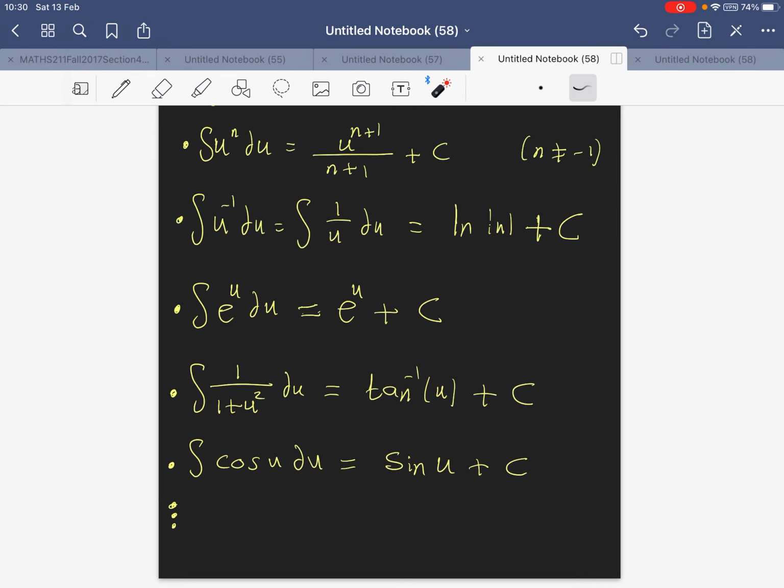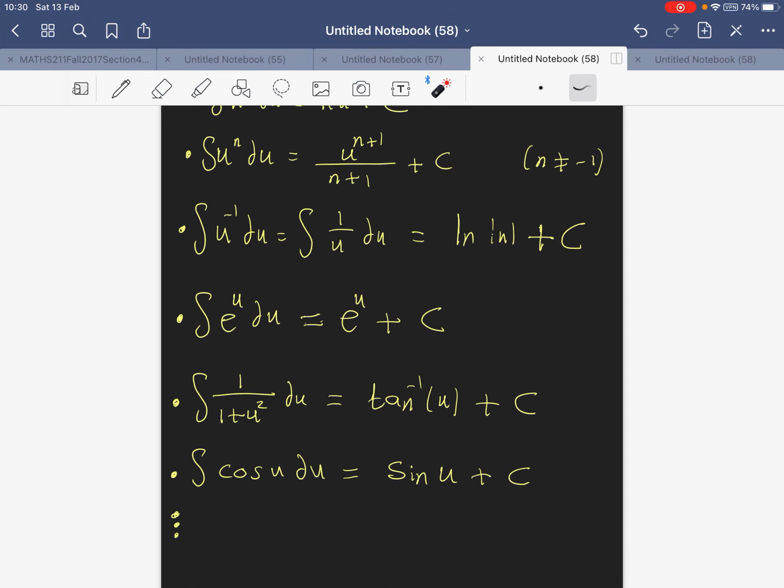Now, in this section, the substitution method, we will see an integral which is not a direct integral from this list where I can look up and find the solution. So we have to do substitution, we have to do something in order to change it to something in this list.